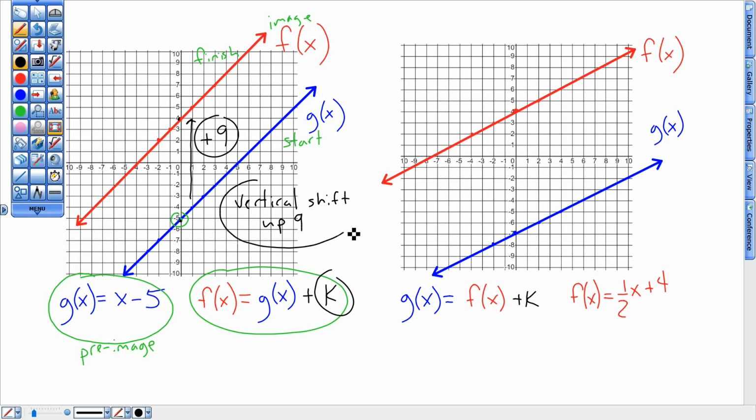If they want you to get fancy, though, of course, you could take that K and put it in there where it goes to get the generic transformation equation plus 9.